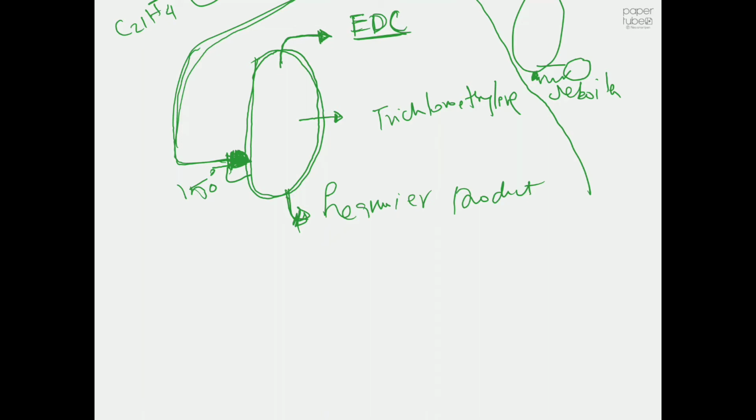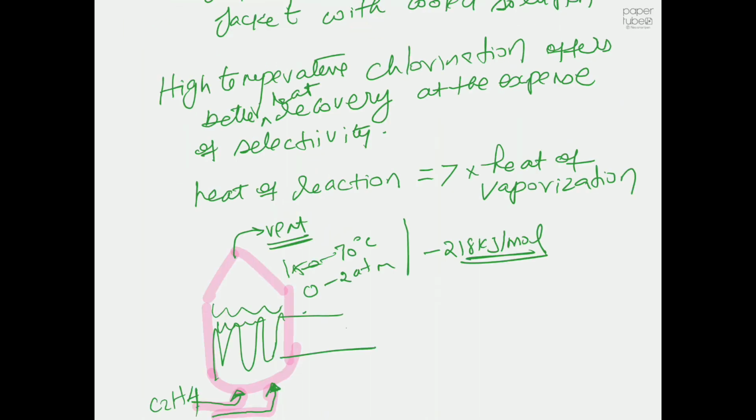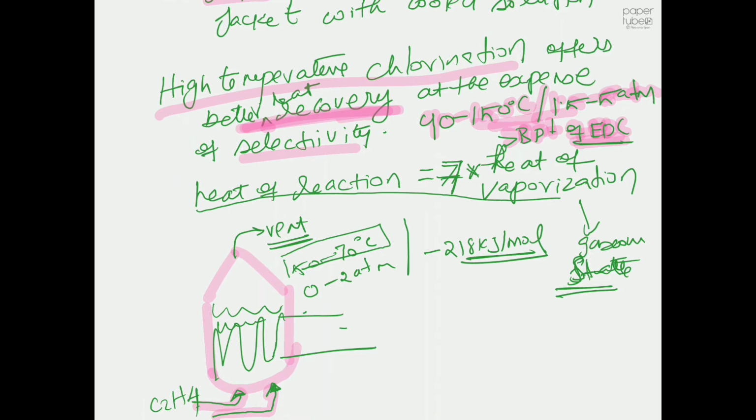So it's better if we convert all of our reactants into products. Obviously we have to think about another type of purification, because if you go for low temperature chlorination, as I said, your product will be a liquid, and we don't have to install this distillation unit at the moment.